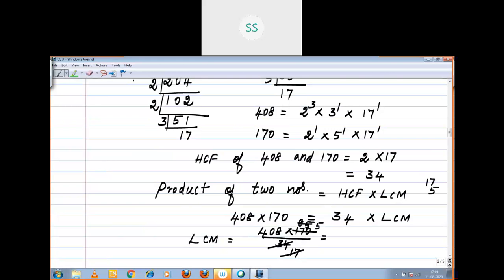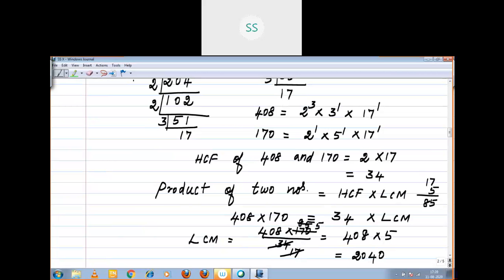If you want, you can check 17 into 5: 35, 3, 85. 17 5s are 85. Now you have 408 into 5: 8 5s are 40, remaining 4, 0 into 5, 0, the 4, then 20.